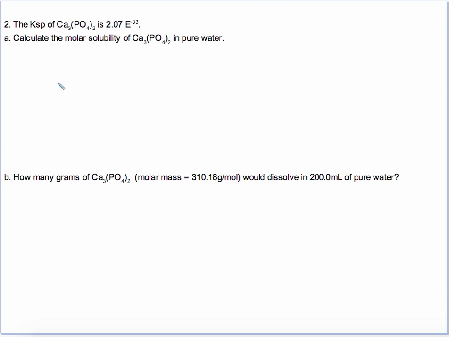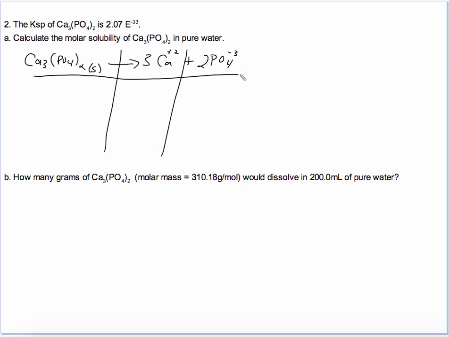All right, so anyway, calculate the molar solubility of calcium phosphate in pure water. So this is a Ksp problem. Calcium phosphate, solid, is going to break into calcium plus phosphate, and you'd have a 3 here and a 2 there, and we make an ICE table.